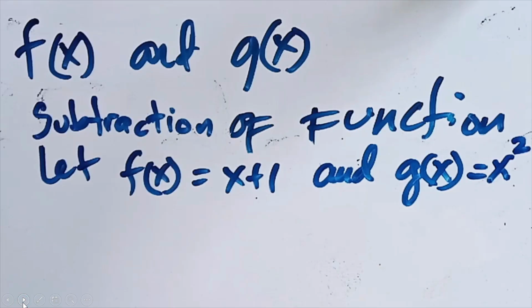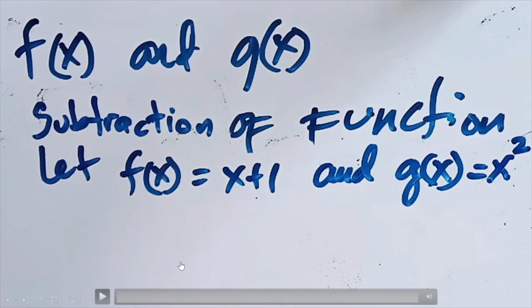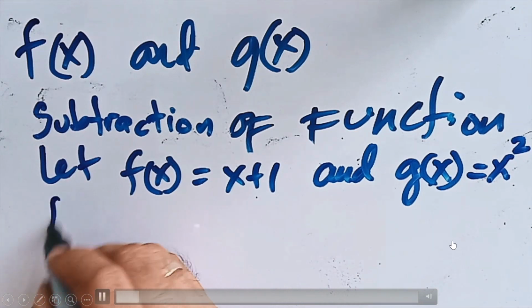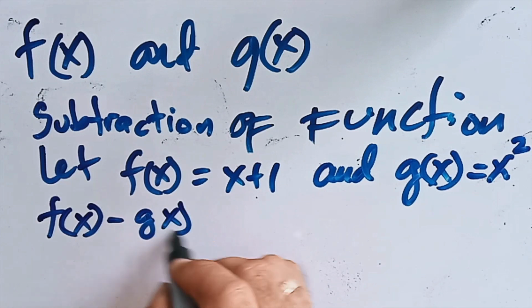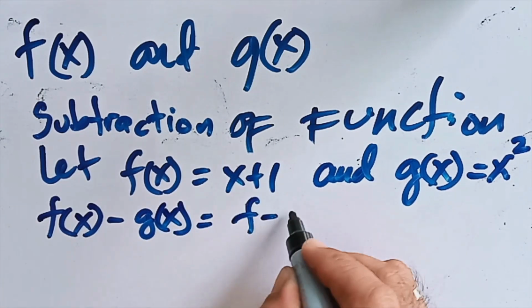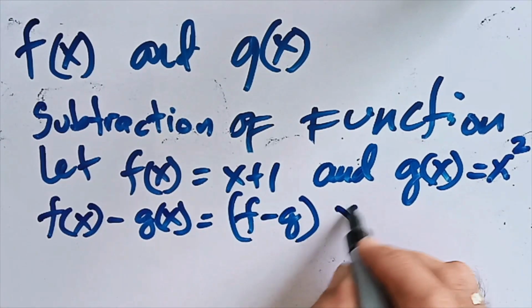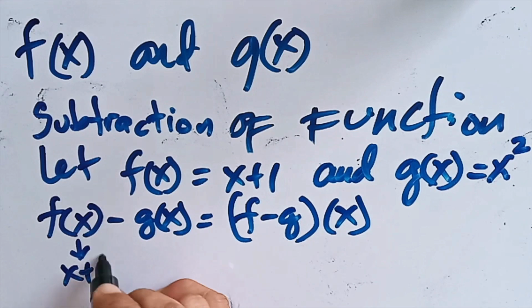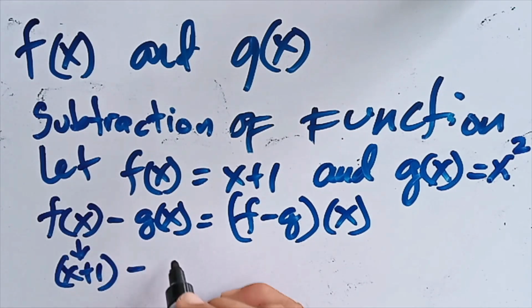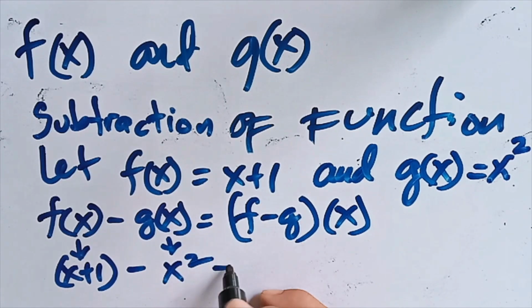Let us try the same values of f of x and g of x in the subtraction of functions. f of x minus g of x will give you f minus g of x. Instead of writing f of x, you write the value x plus 1 minus the value of g of x, which is x squared.